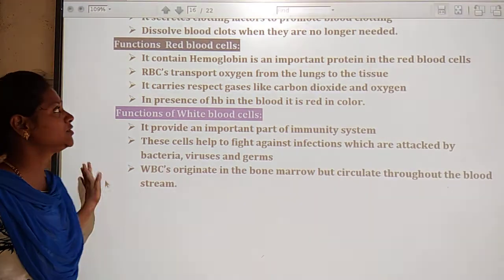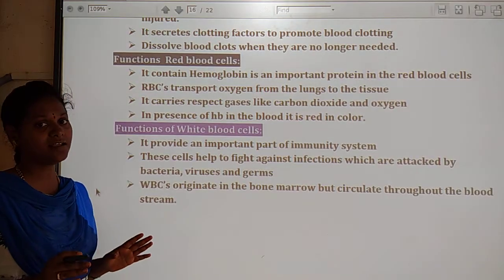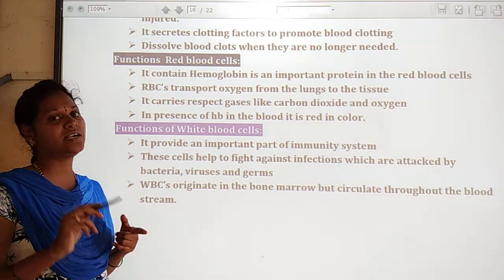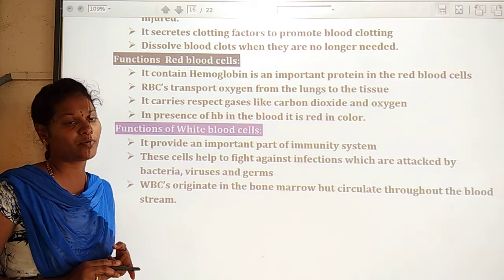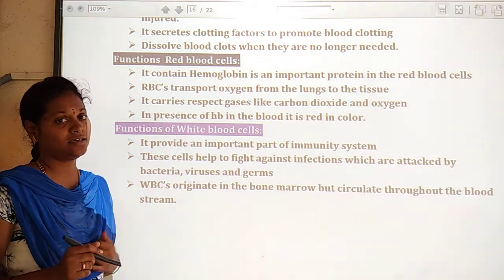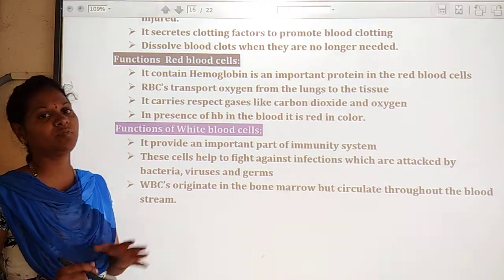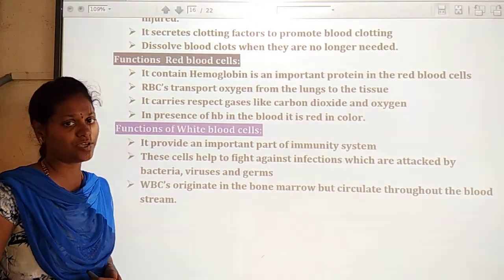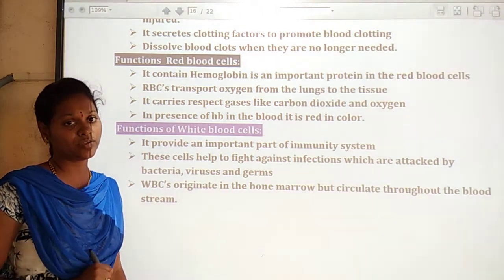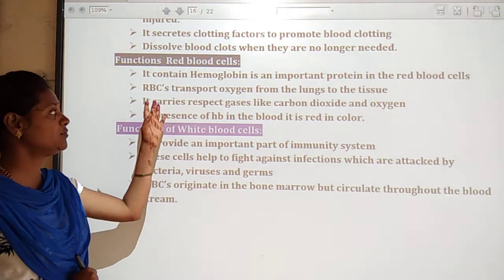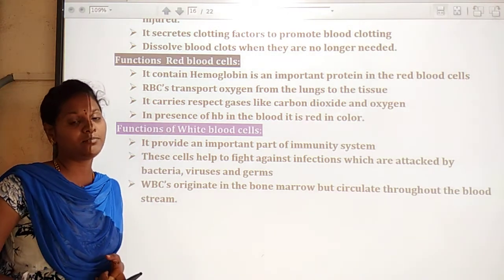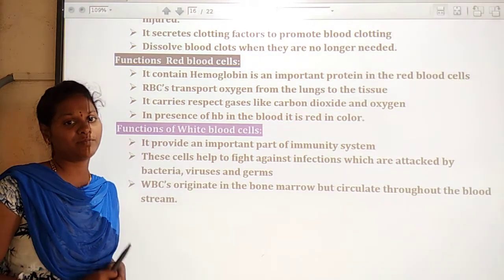Understand? Let me explain red blood cells completely. What is the important protein in RBC, red blood cells? Hemoglobin. Because of this hemoglobin, the blood looks red in color. Okay, and this hemoglobin will provide more amount of the protein to the blood, and here also these RBCs can transport oxygenated blood from the lungs to the different parts of the body.